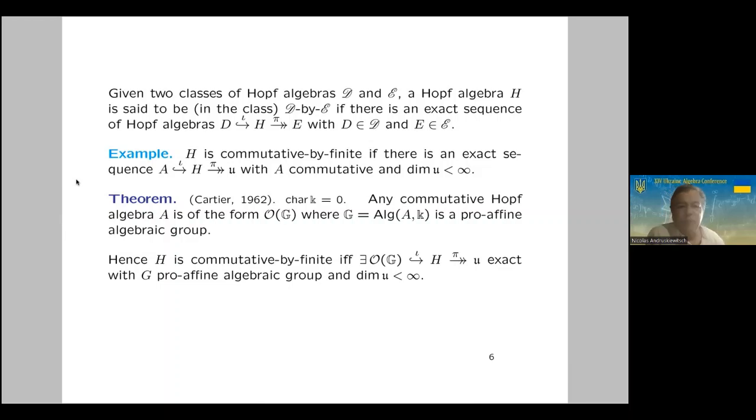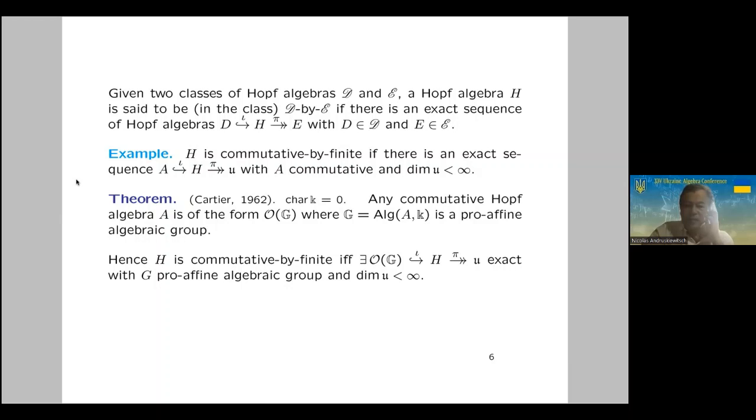For example, H is commutative by finite if there is an exact sequence A, iota inside H, and projected by pi over small u, where it is assumed that A is commutative and the dimension of u is finite.